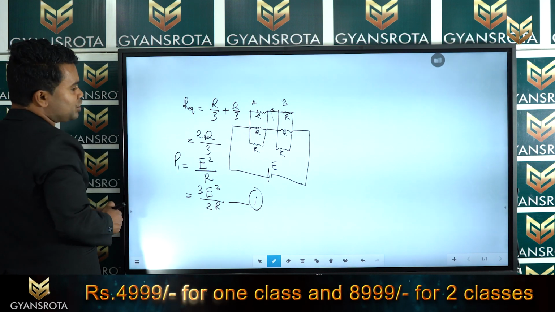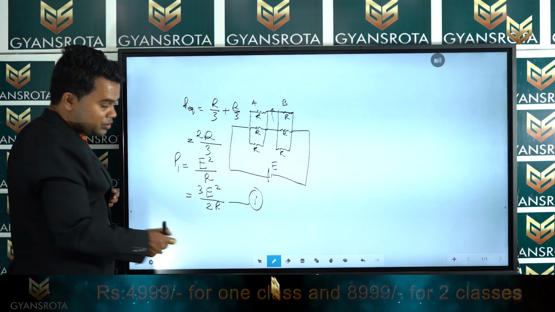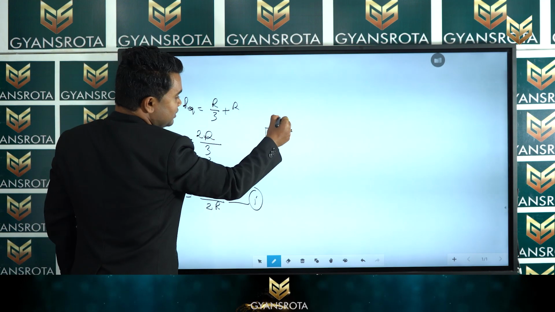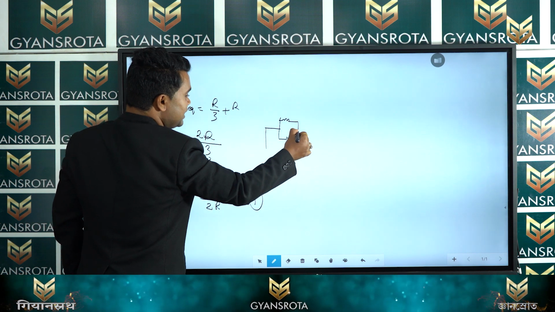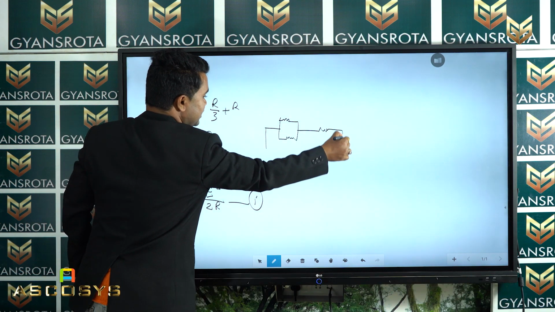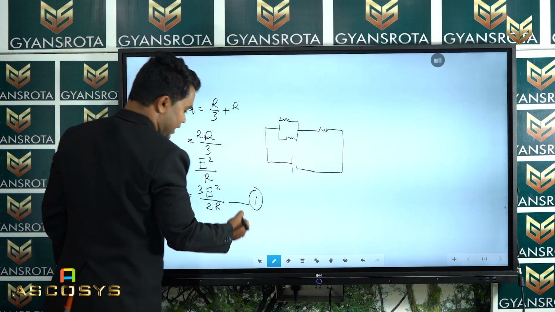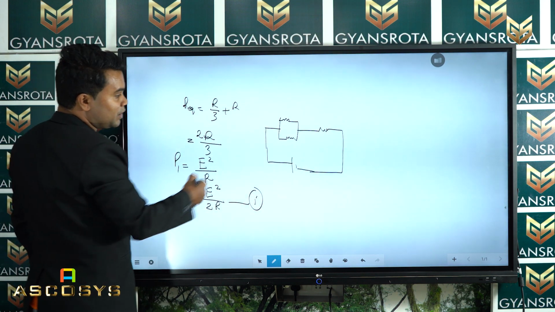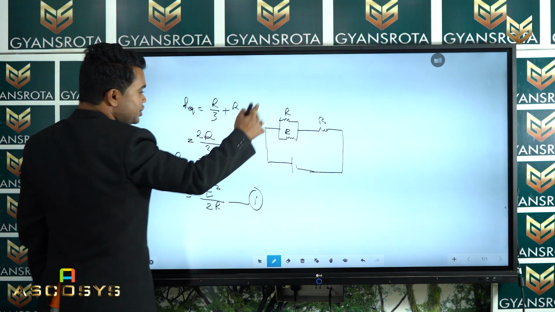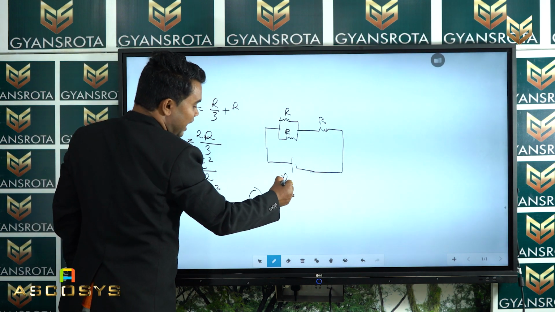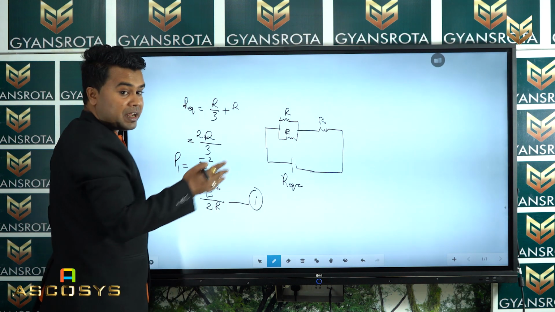Now I have a situation where only 2 from section A were glowing. So my diagram will look like this now. This is the combination of 2 resistances which will now be in parallel from the bulb side, and there will be 1 resistance connected here, and then EMF. This is R and this is R and this is also R. The combination of these two will come out as R equivalent equals 1 by R, 1 by, that is for parallel combination.